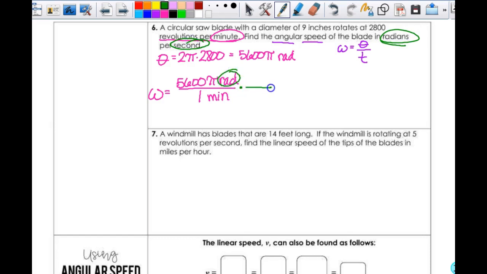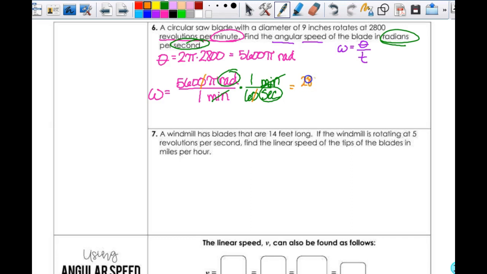But I need it per second, so minutes up here, so they'll cancel out. I can convert minutes to seconds pretty easily. And so for 1 minute, there are 60 seconds. And that gives me radians per second. I can divide them both by 10 to get rid of those zeros. And then I can take half of 560. What's half of 560? 280.